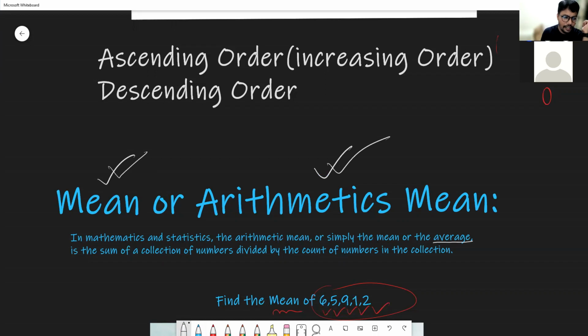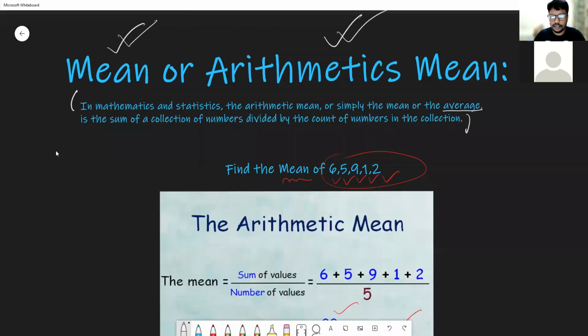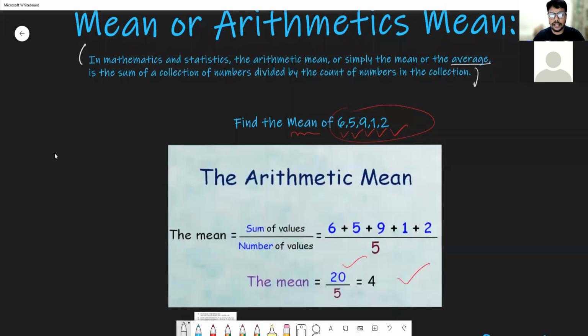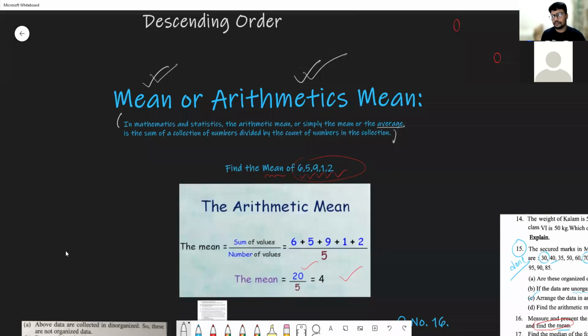So now read the definition properly and write it in your class copy. What are the definitions of mean and arithmetic mean? Okay, that is an example. Write the definitions in your class copy.